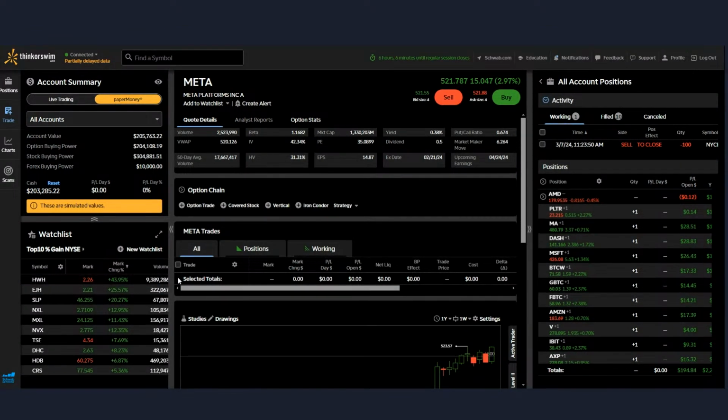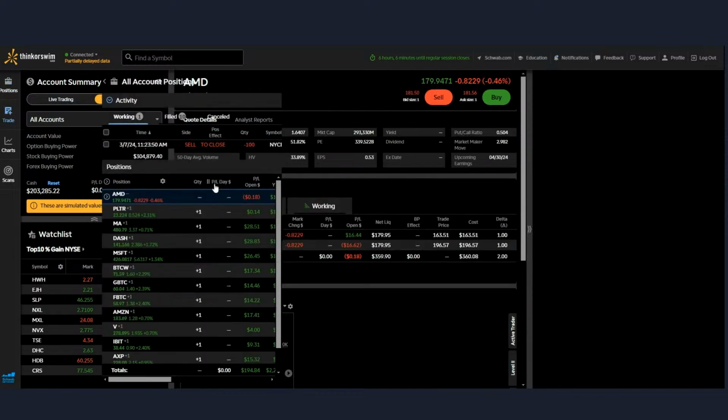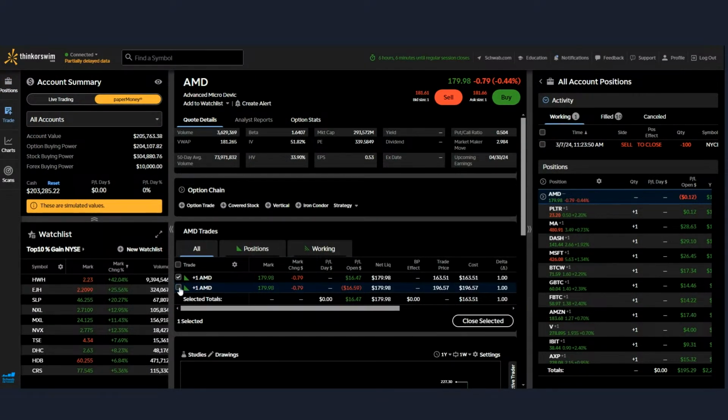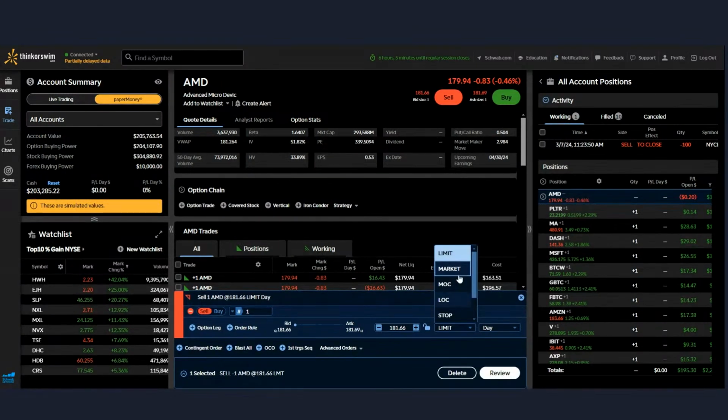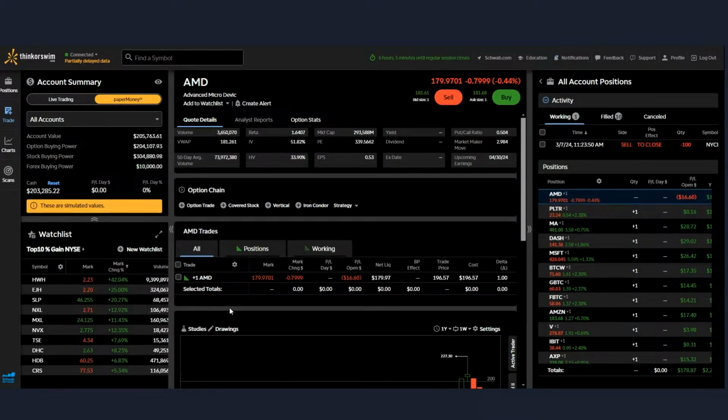So I was saying, for example, if you have a $100 account and you're trying to buy one share of Tesla, you're not going to make it because one share of Tesla costs around 160.